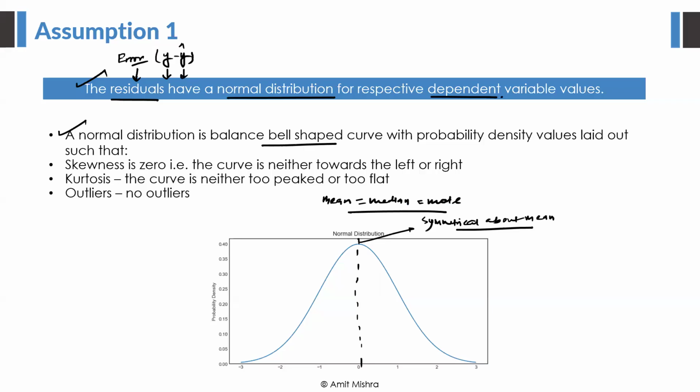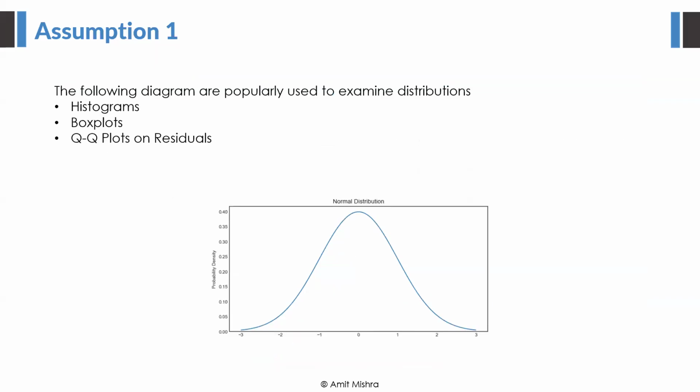Now, most importantly, linear regression assumes that your residuals will be normally distributed. That means when you make a plot of the error curve, it will be represented as a normally distributed curve. How to examine it? You can make a plot of residuals using a histogram, box plot, and QQ plot, which is one of the important plots.